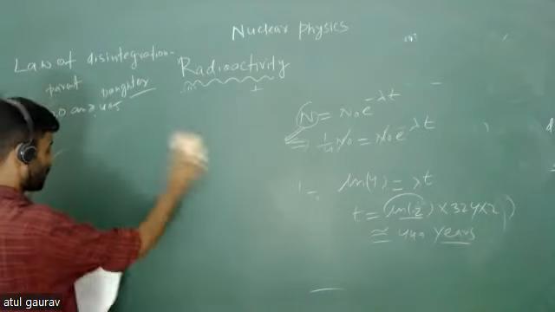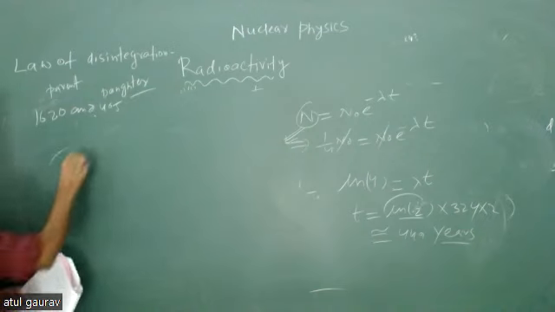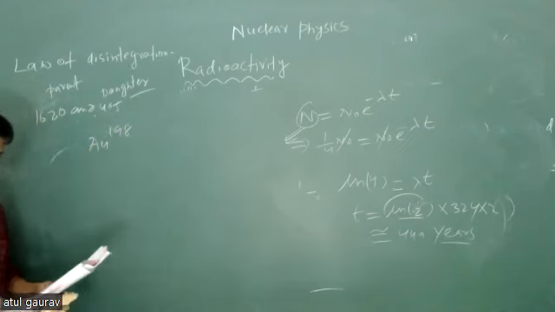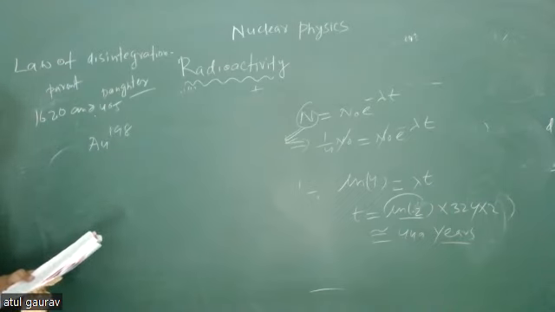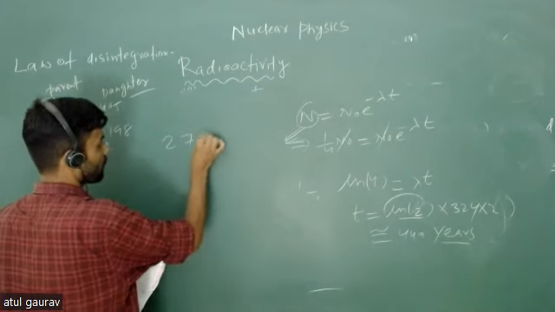ओके, प्लीज राइट सेकंड प्रॉब्लम बिकॉज देयर आर मेनी प्रॉब्लम्स हियर। Half life of gold 198 is 2.7 days. Question है, what is the decay constant? कितने डेज है? Half life दिया है 2.7 days.